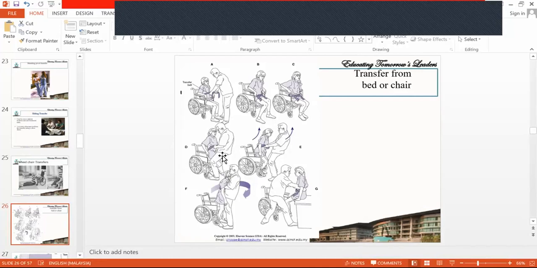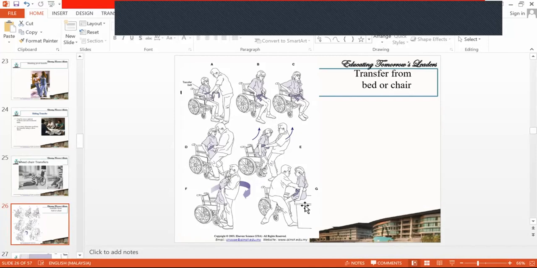The person will not be able to weight bear completely, so you will be locking the knee and helping the person to weight bear on the knee. Then you will rotate the person and make them sit on the other surface. So this is the same one-person transfer, but here they are using a therapeutic belt instead of holding.